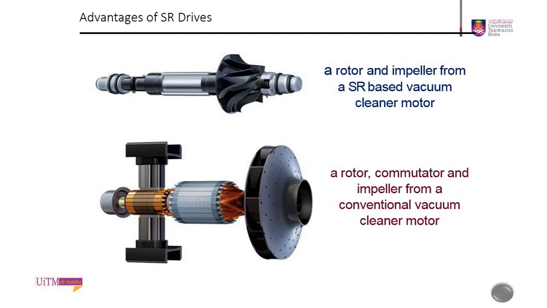In this case, the rotor, the commutator and the impeller are from a conventional vacuum cleaner. For the switch reluctance based vacuum cleaner, they don't use gears and so on, and you can see that you don't need all these additional windings on the rotor part.